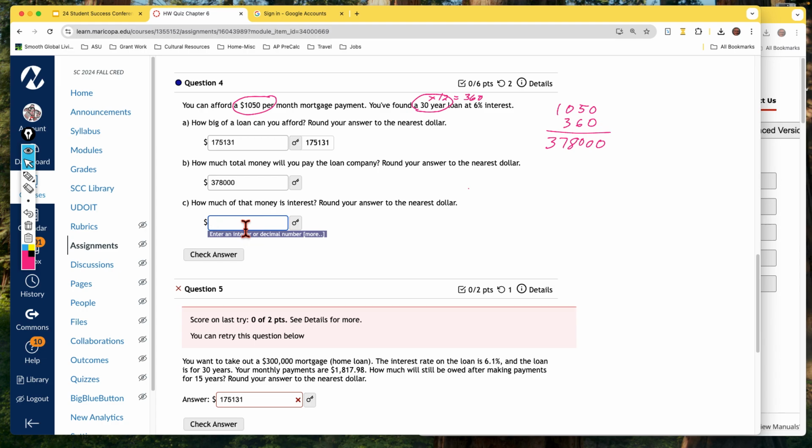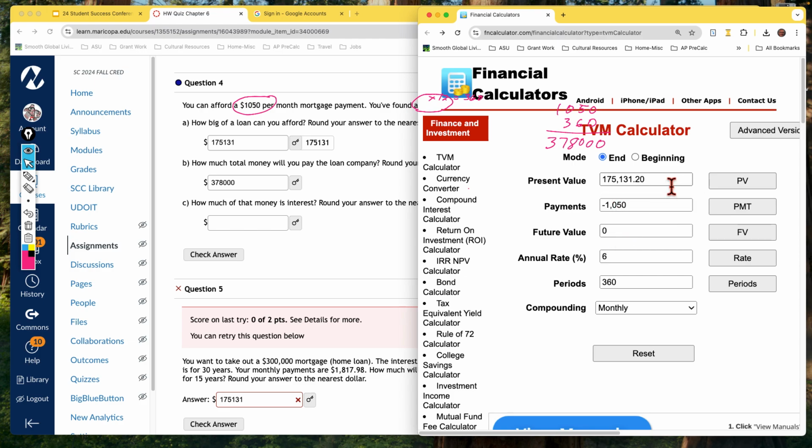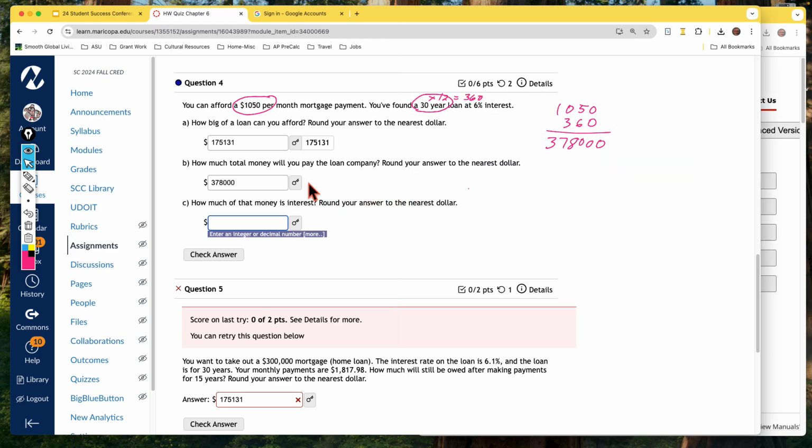How much of that is interest? How do we calculate that? We subtract off the amount that we borrowed. So we'll subtract off the 175,131 because that's principal, right? And the rest is interest.